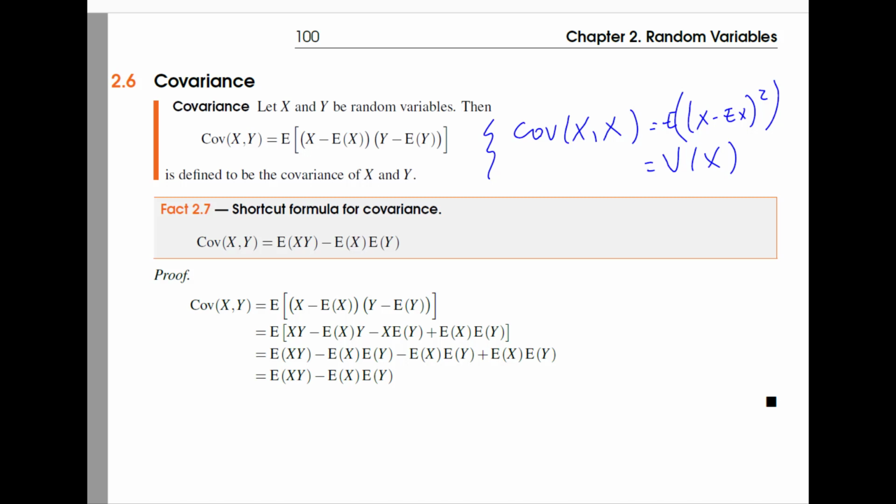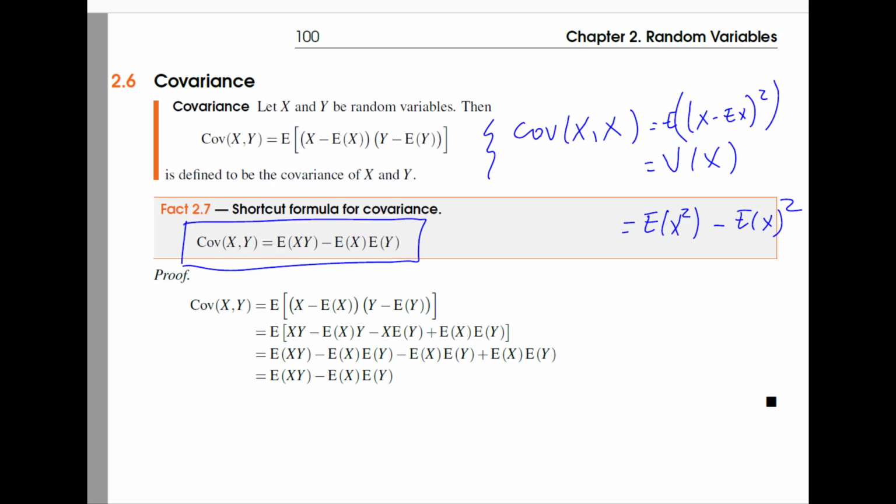The proof is very similar to the other one. And just as a check, if you did the covariance of x and x, let me do it here. E of xy is just E of x squared, if it's x and x, minus E of x times E of x, which is E of x squared. So it checks out, right? It's the same.